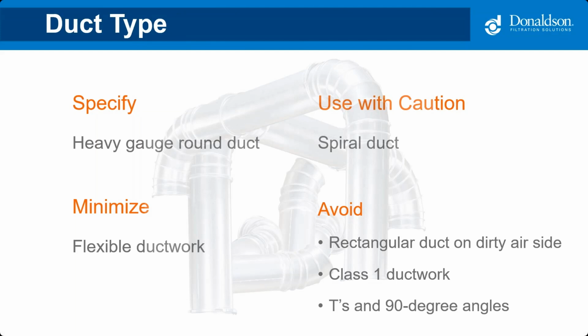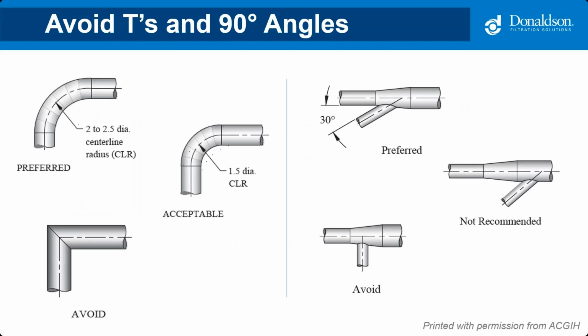Most dust collection applications use Class 2, Class 3, and Class 4 ductwork, which are designed by SMACNA standards, which stands for Sheet Metal and Air Conditioning Contractors National Association. Spiral duct tends to leak air, cause undue restrictions, and possibly dropout of material, so use it with caution. Be aware that flex duct requires significantly more energy than traditional hard ducting, so we recommend minimizing it as much as possible. And lastly, you want to avoid any T's or 90-degree angles in your ductwork because they generate a lot of static.